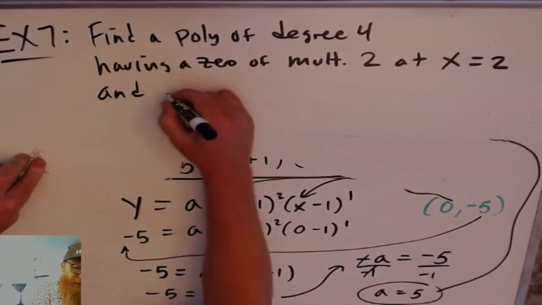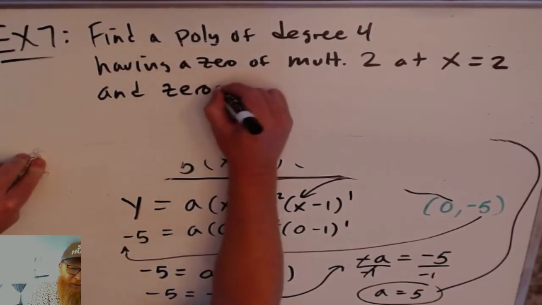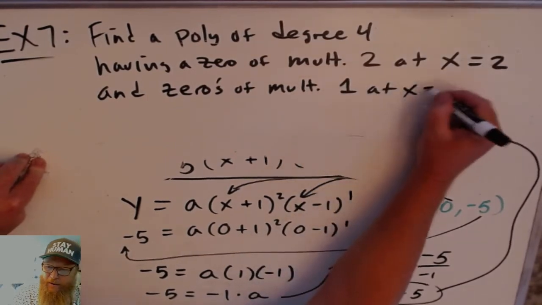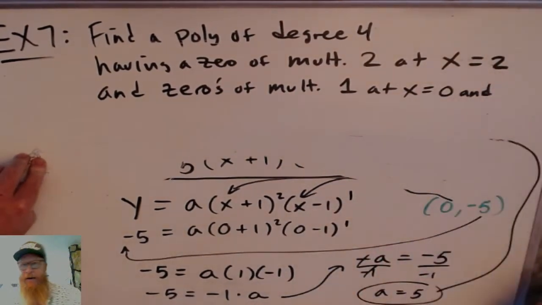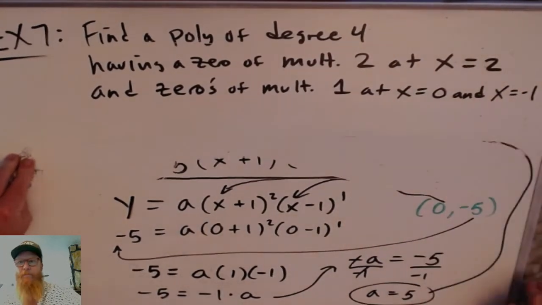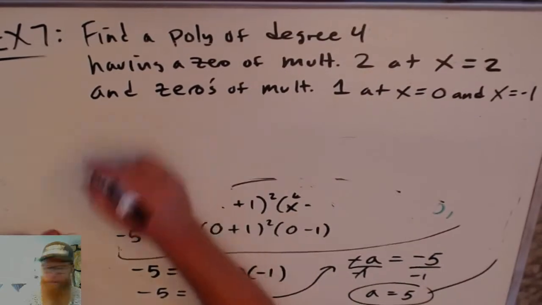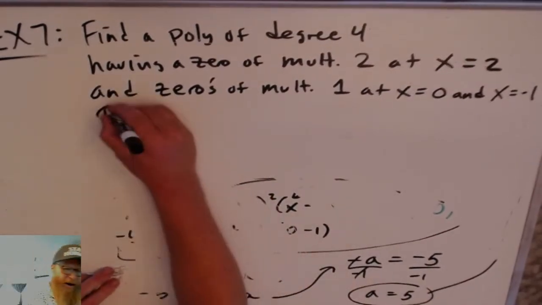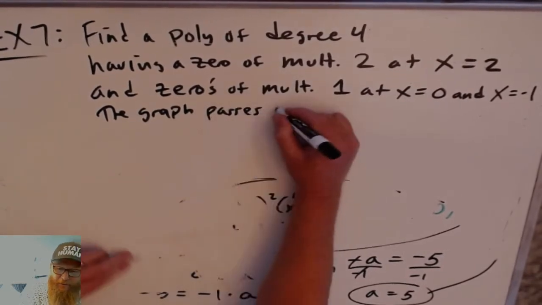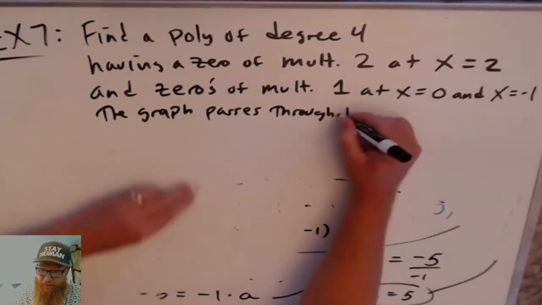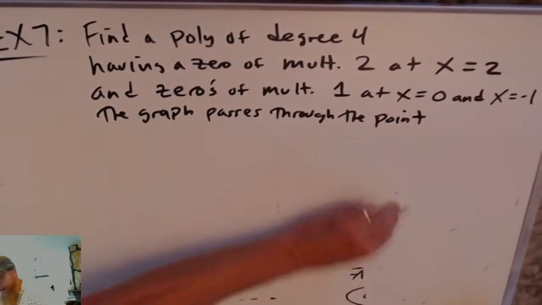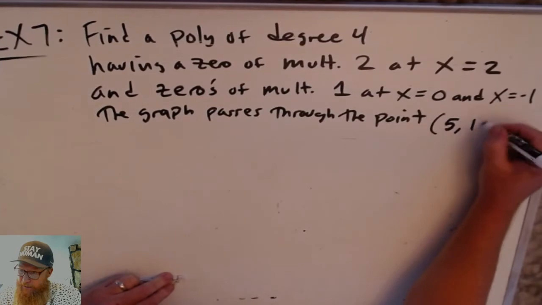And zeros of multiplicity 1 at 0 and -1. The graph passes through the point 5 and 162.